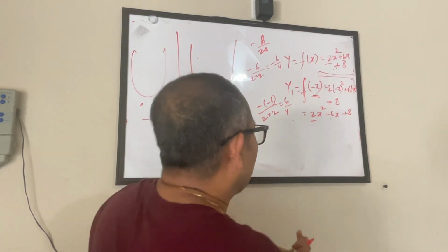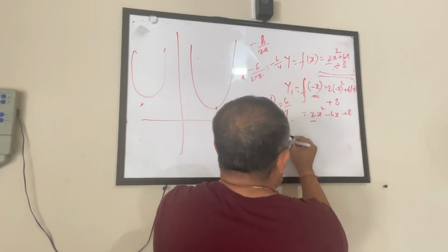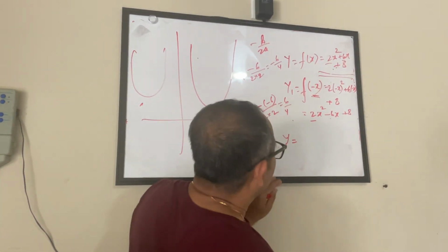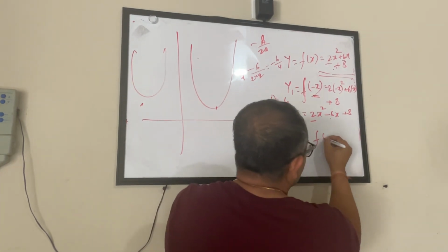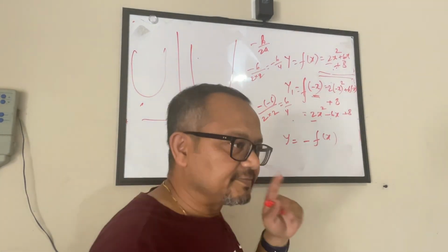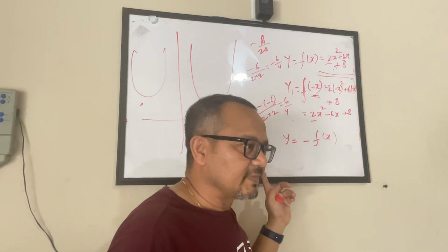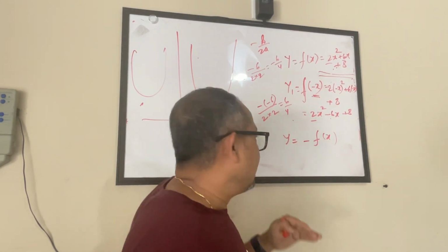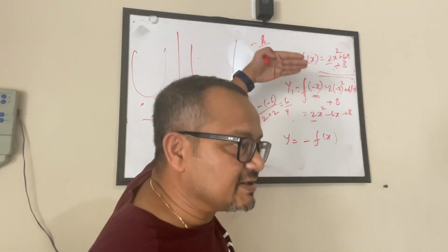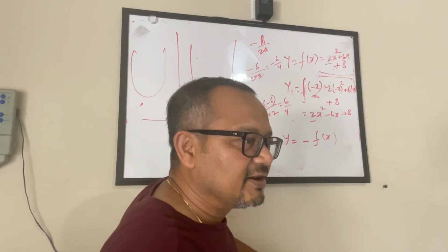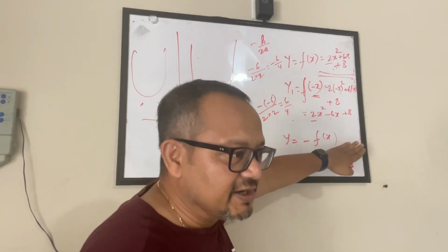Yeah? Now, what will happen if you change your function to minus this? It will move it against the x-axis. There is nothing to be proven here, okay?